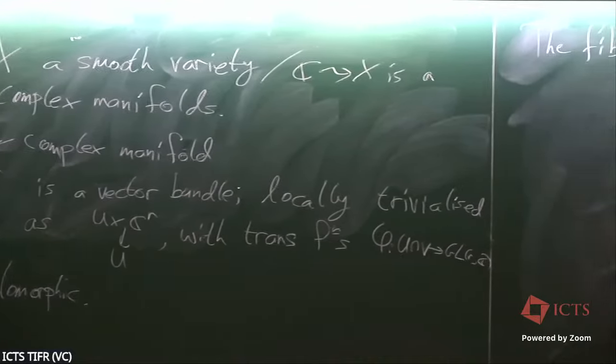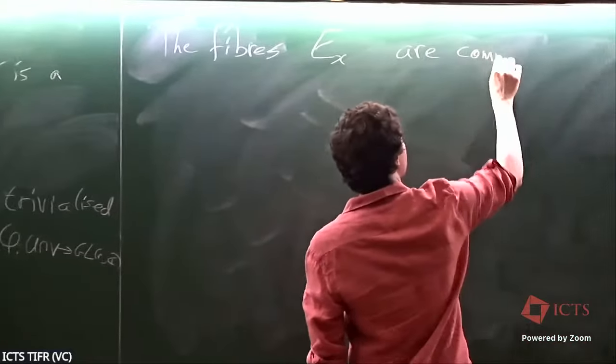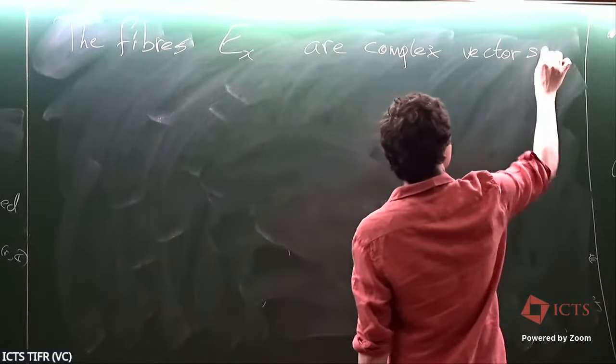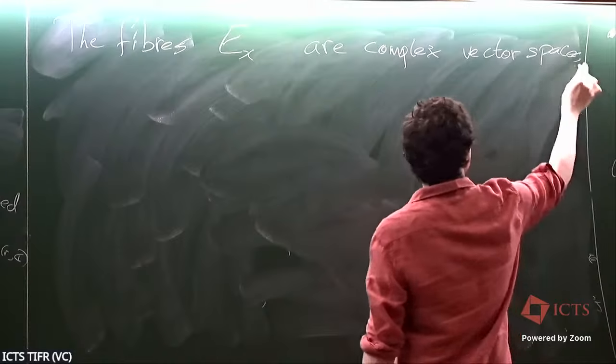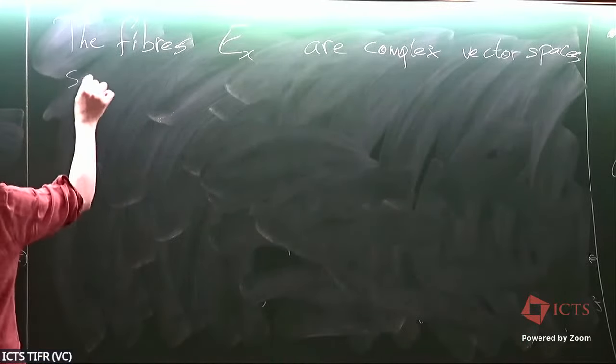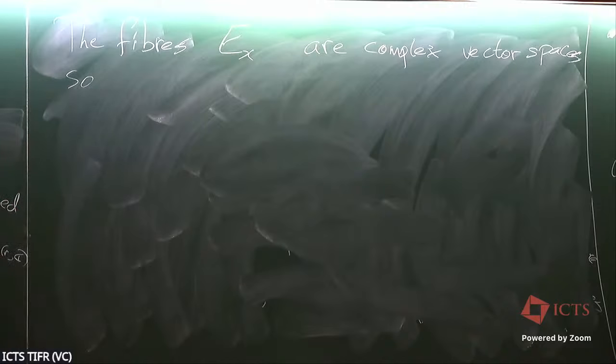These are complex vector spaces. So in particular, we can try to put Hermitian metrics on the vector bundle, which are just Hermitian inner products on the fibers varying smoothly.